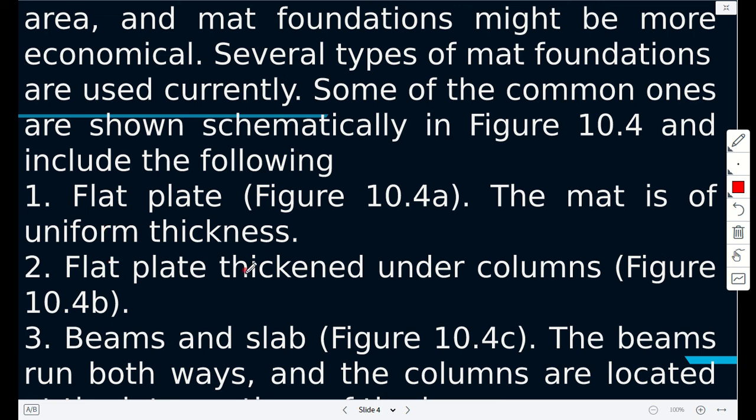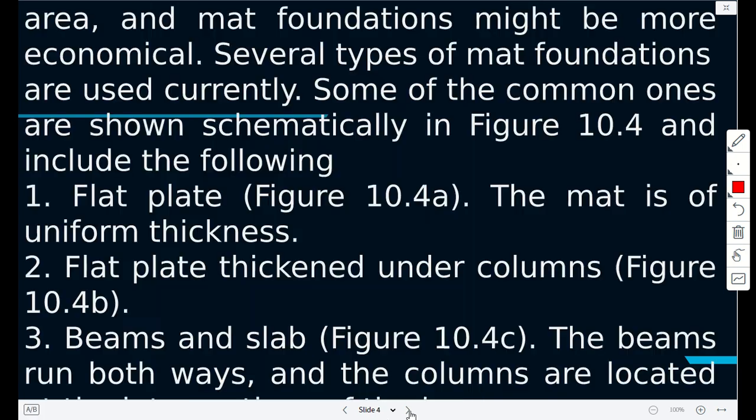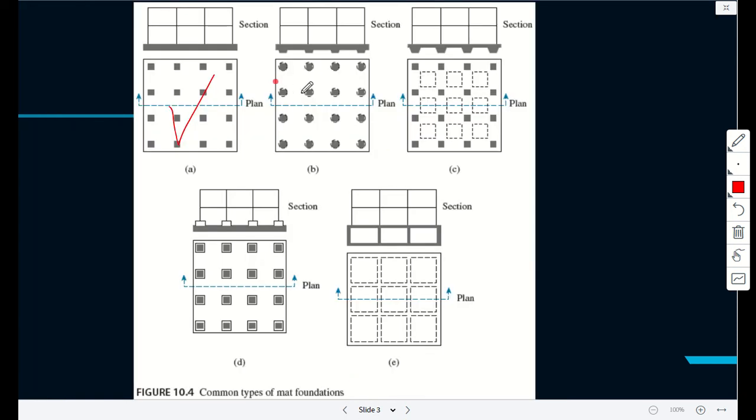So there is the flat plate, shown in this figure. Then we can have a flat plate thickened under columns, shown in B. Note the difference. So this is the plan.